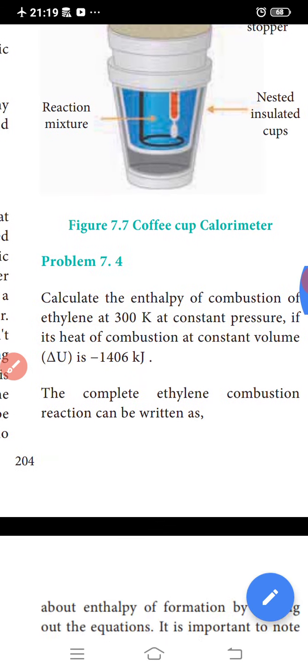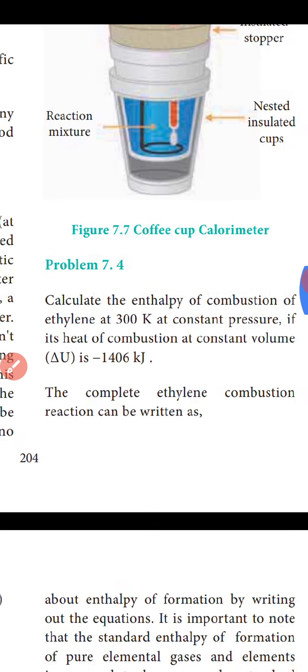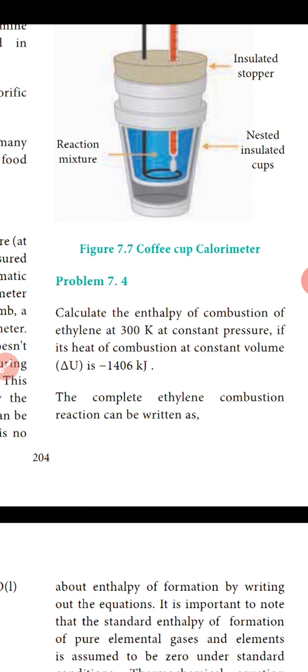For example, let us calculate the enthalpy of combustion of ethylene at 300 Kelvin at constant pressure, if its heat of combustion at constant volume, del U, is minus 1406 kilojoule.